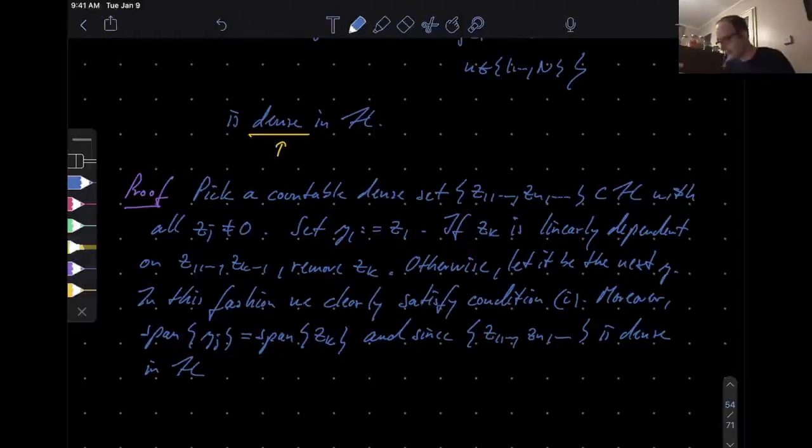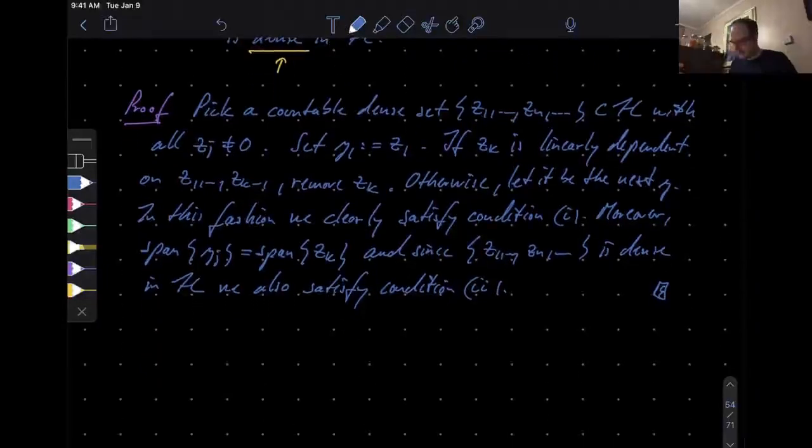That doesn't destroy density at all. It's dense in H. We also satisfy condition 2, and that's it. That's the end of the proof. So using induction in the way you construct things, this is super easy. Let's do an example.